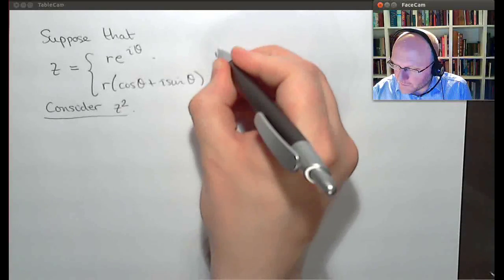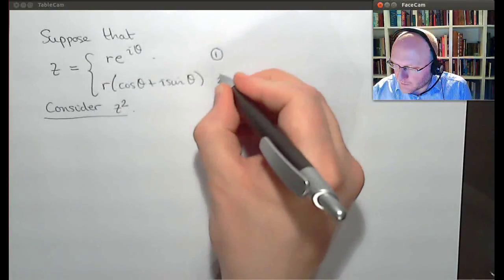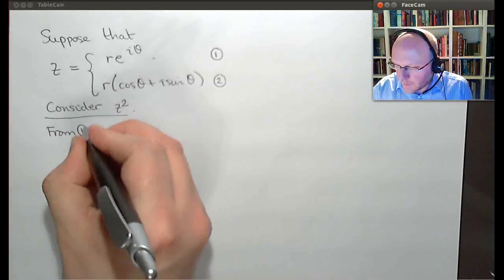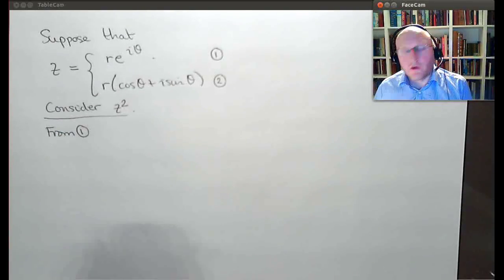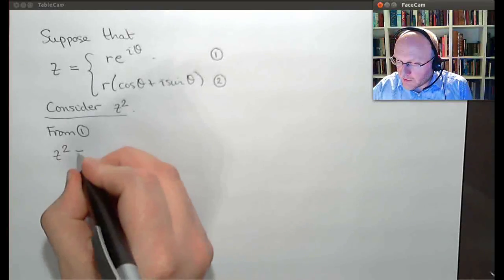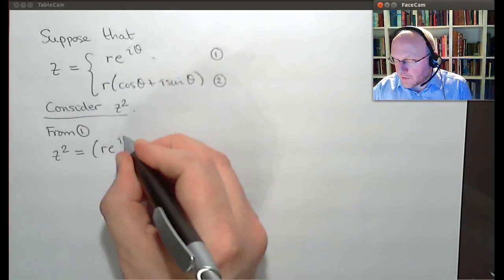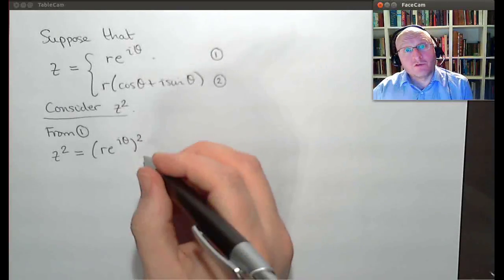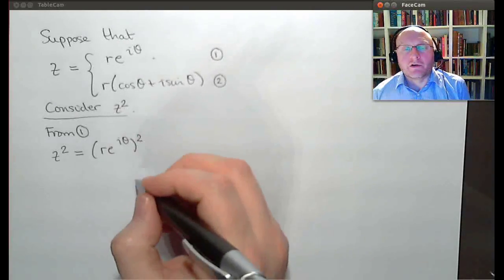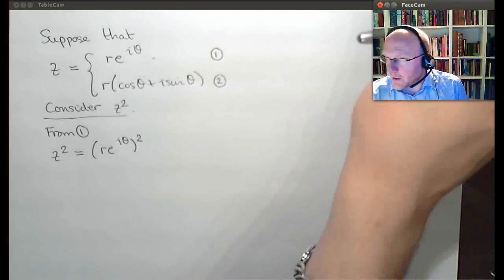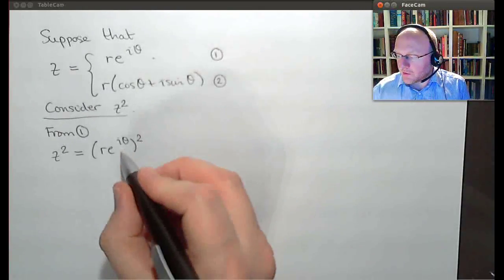I'm going to label the first representation 1 and the second one 2. So from equation 1, z squared is, well, in representation 1, z is re to the i theta, so z squared must be re to the i theta all squared. Well, now remember our identities that we got earlier.